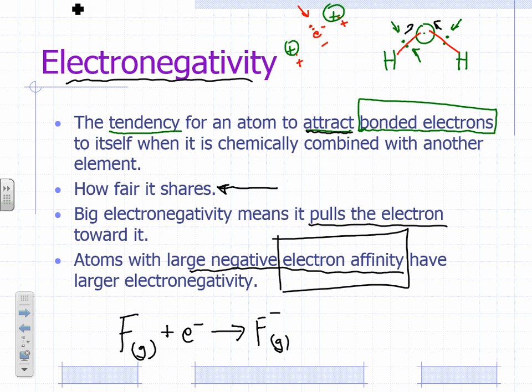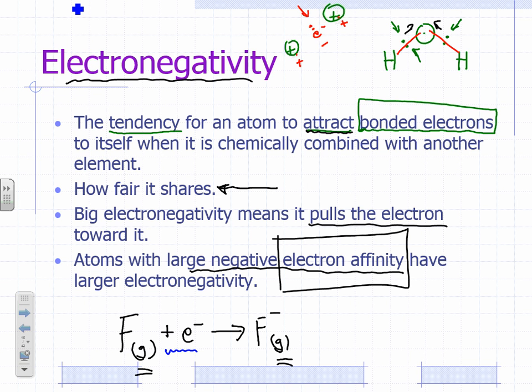Okay, they have to be gaseous atoms again. But see, an electron is being gained. Ionization energy, the electron was usually on this side, it's being lost. But affinity is the electron being gained.